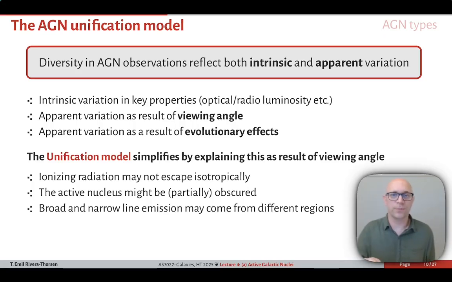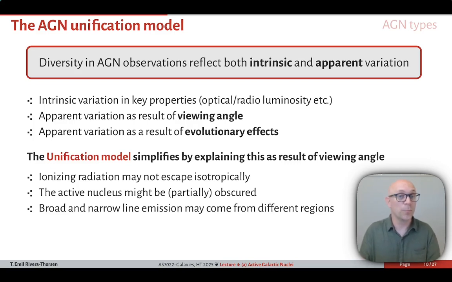So, for example, ionizing radiation might not escape isotropically. It might not be emitted with the same strength in all directions. Something might be obscuring it in some direction and not in other directions, and so on. The active nucleus itself might be obscured or partially obscured, or obscured from certain angles but not from others.